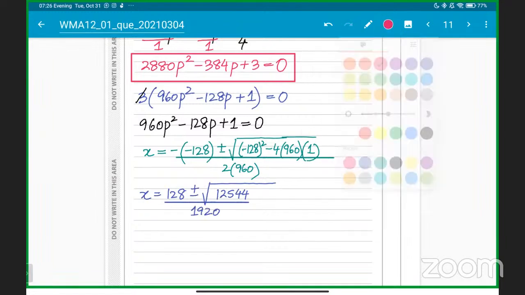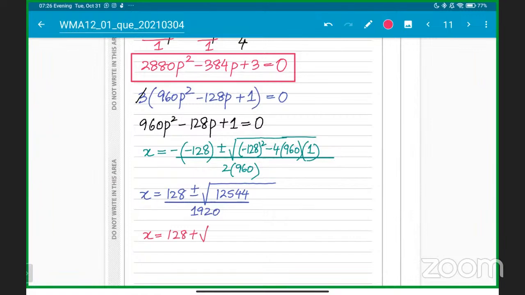The two answers: P is equal to 128 plus the square root of 12,544, which is 112. So 128 plus 112 divided by 1920, or the other answer is 128 minus 112 divided by 1920.